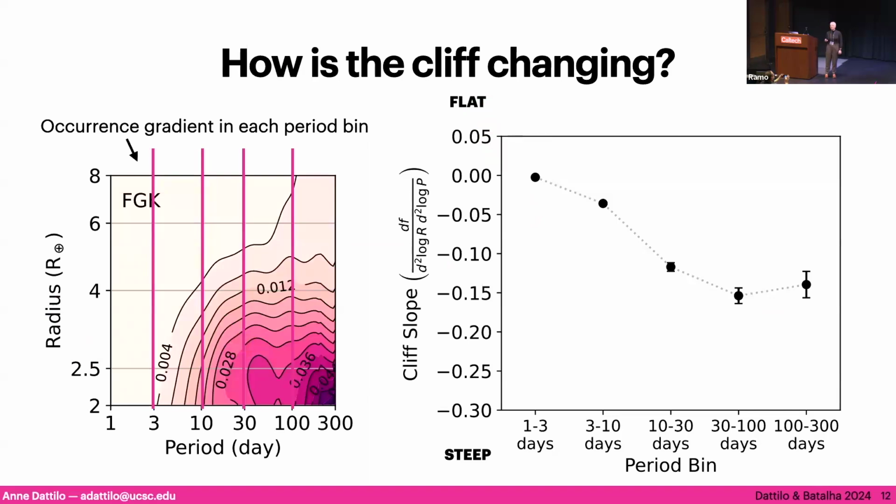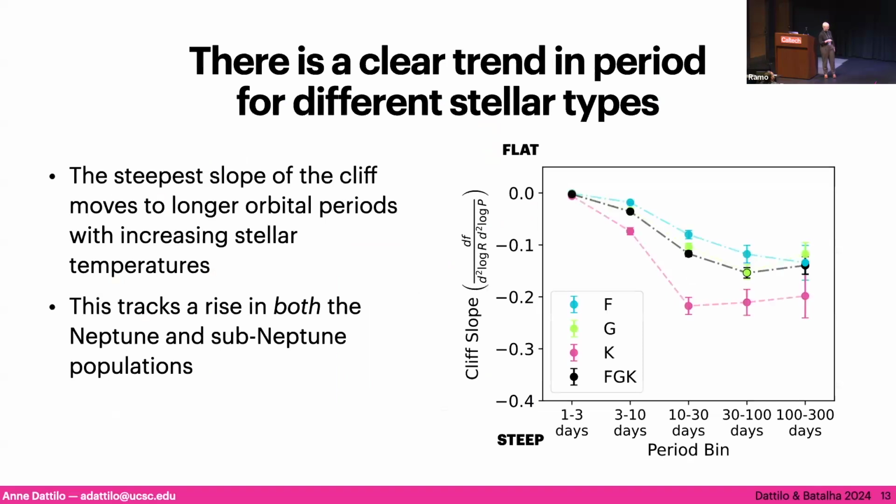And this tells a really nice story as a function of stellar type. We have the FGK in black, and in pink we have K occurrence. We get steep extremely quickly, and then it flattens out, right? You have pretty much no Neptunes, so it gets steep and then continues out, whereas for F-type stars, it gradually gets steeper as we go out to longer orbital period, right?